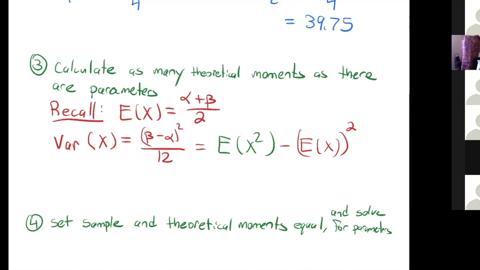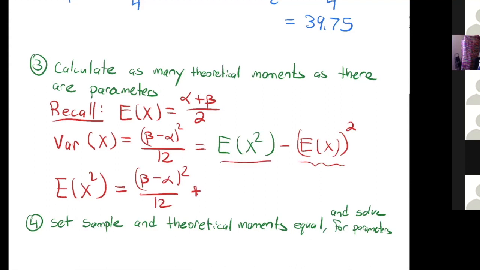So here we can solve for E of x squared by taking the variance and adding E of x squared to both sides in order to solve for the second theoretical moment. So I'm going to add that E of x squared, and we know that E of x is this.